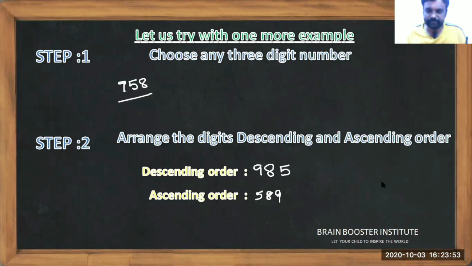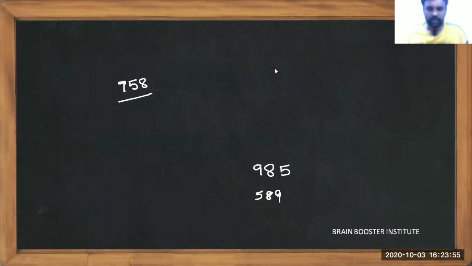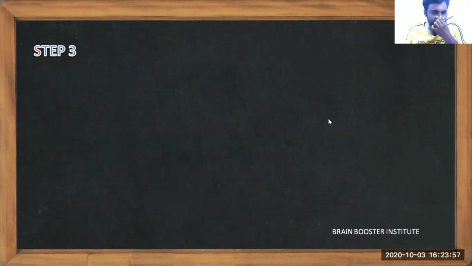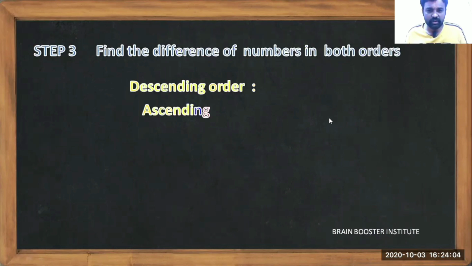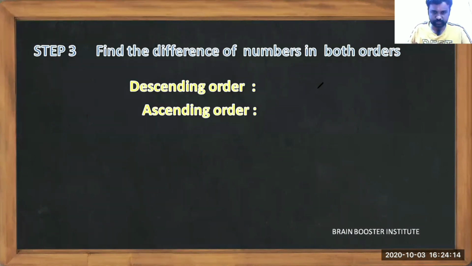And the next, step 3, what do you do? Find the difference of the numbers in both orders. In descending order, we have 985 and in ascending order 589.